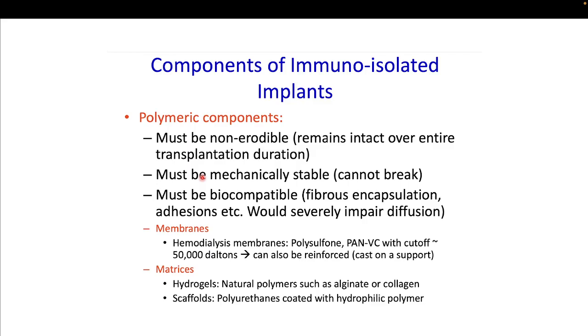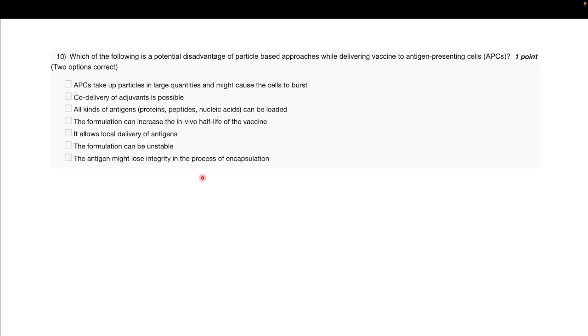Okay, if there are no doubts, I'll move on towards the last question of the assignment. This is, which of the following is a potential disadvantage of particle based approaches while delivering vaccine to antigen presenting cells? Again, we have to select two options.